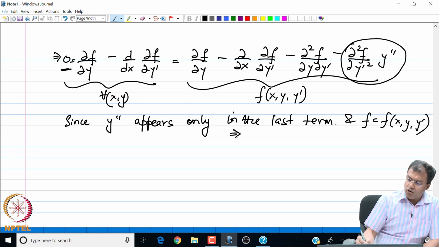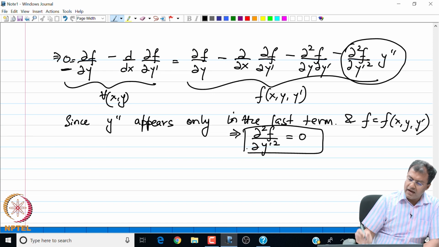So, which means that the coefficient of y double prime, which is the second partial derivative of f with respect to y prime, is equal to 0, right. So, that comes from here, right.